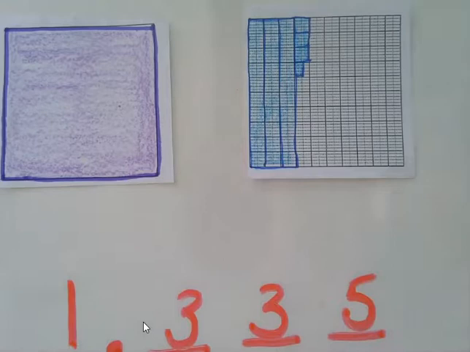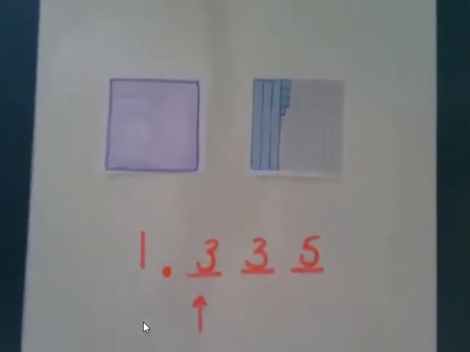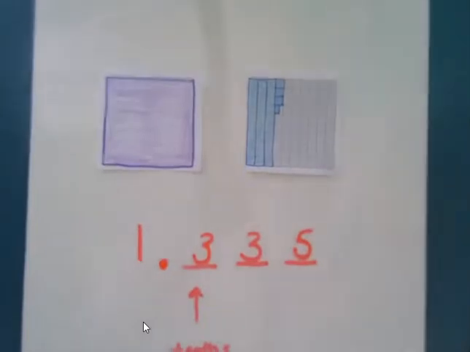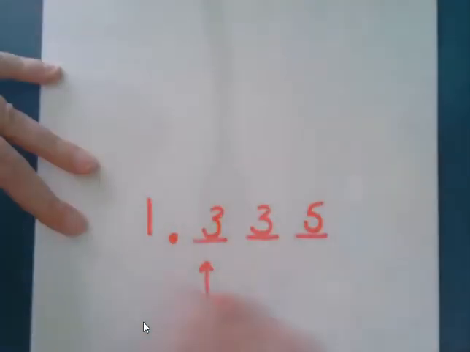Okay, I'm going to give you 1 or 2 to try on your own. See if you can come up with the same answer as I do. Let me remove my models. Okay, so here we go.